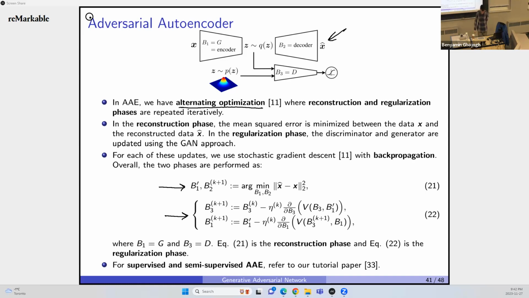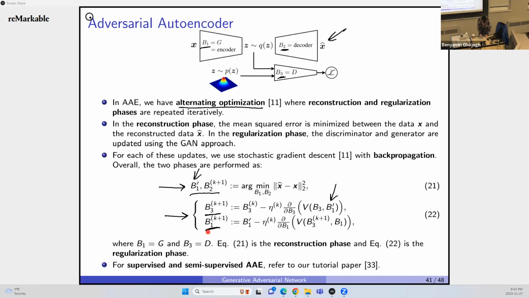Note that for the reconstruction, only B1 and B2 are important. So I have these two. For the discriminator, B3 is important. For the generator, B1 is important. And it is alternating. So B2K plus 1 here. No. B1 prime is used here too.